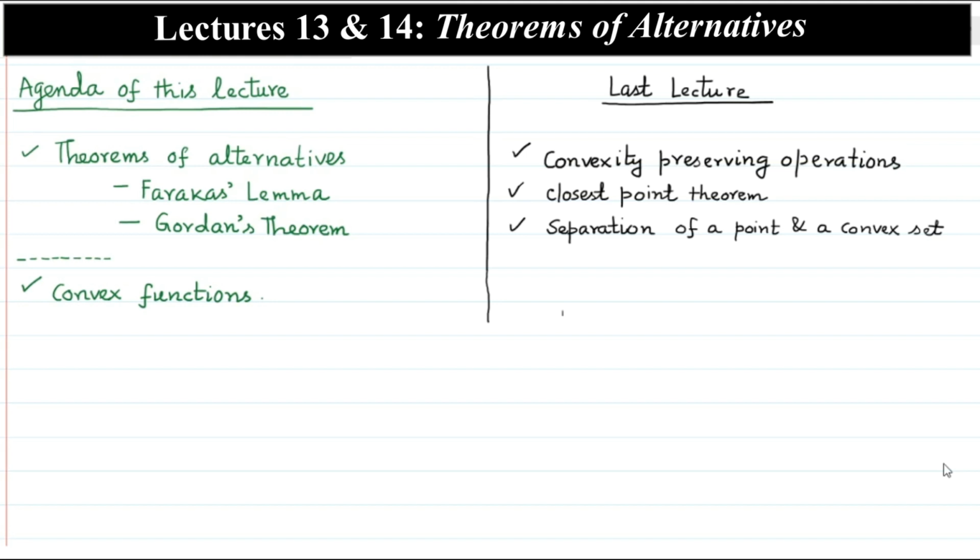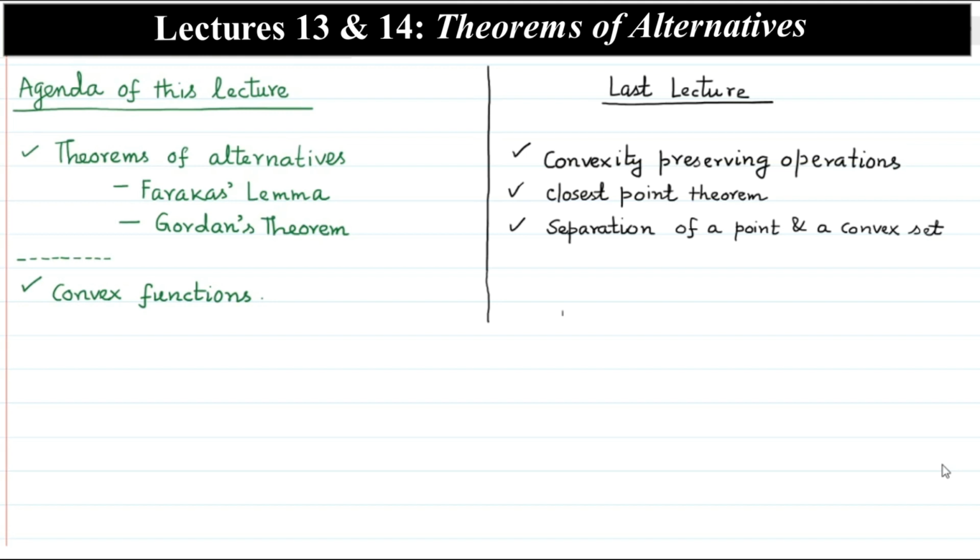In today's class, with the help of the separation of a point and a convex set that we derived on the last day, the last corollary, we will discuss a few theorems of alternatives. A theorem of alternatives is a theorem that states that exactly one of two systems has a solution.